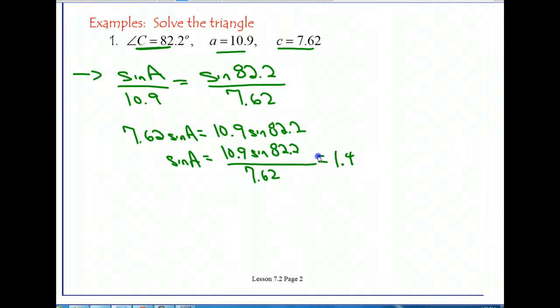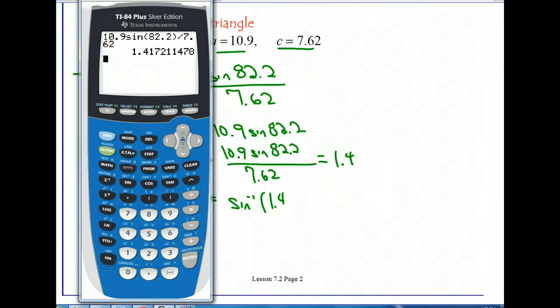I need angle A. When you're looking for an angle, we hit the inverse button. So to get angle A, I'm going to take the sine inverse. I believe it was 1.42 or something like that. And some of you guys know exactly what's going to happen, but let's just show you in case you don't.